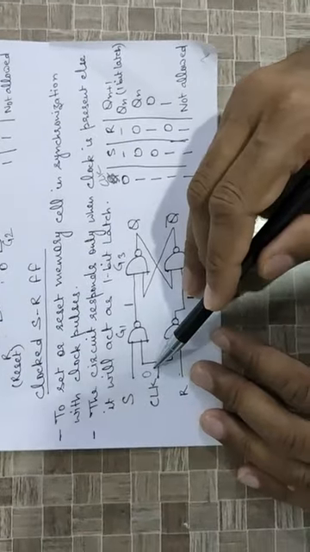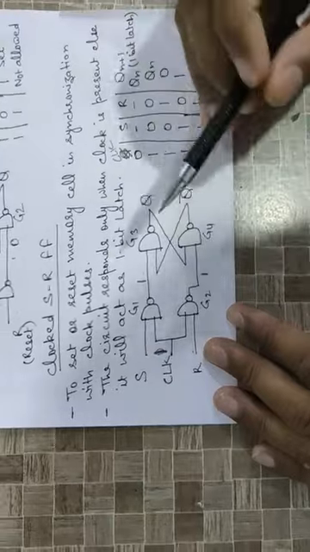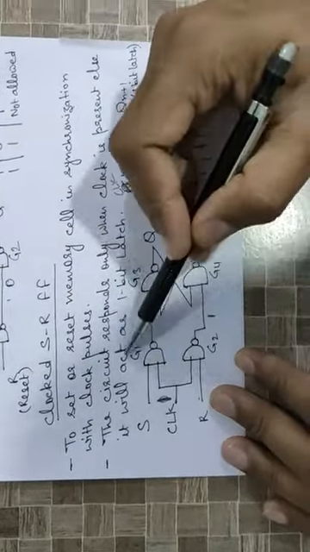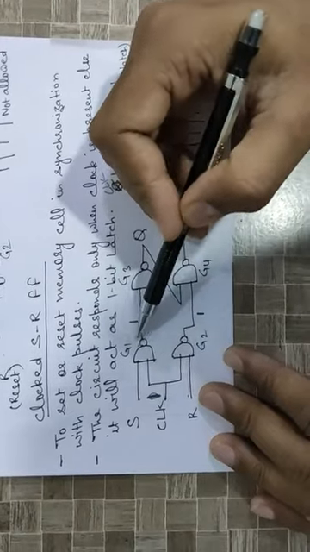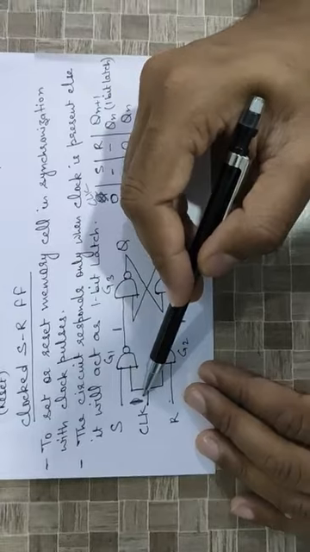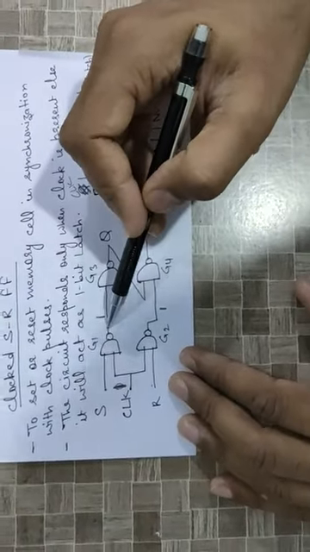Suppose I am giving the value of clock to be 1. Now, as I told you, it will depend on the second input in that case, but the working of these NAND gates will start. Only if I am giving the value of clock pulse to be 1, it will be working as a SR flip-flop.